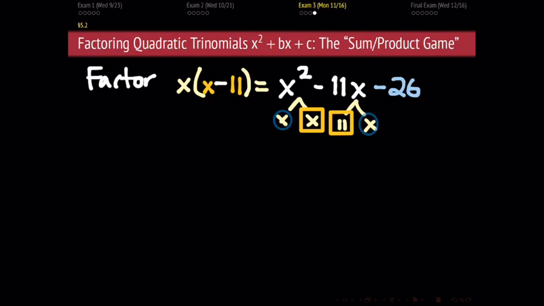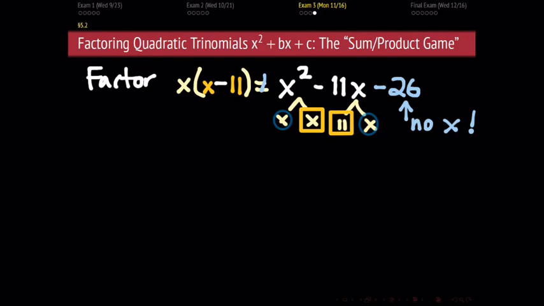We're playing a different game because the greatest common factor knew how to account for the x which was in the first two terms of this, but it doesn't know how to account for the fact that this 26 doesn't have an x for me to take out. So we're out of luck in using the greatest common factor technique to factor something like x squared minus 11x minus 26.